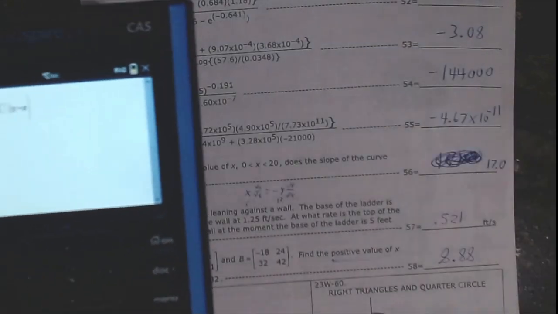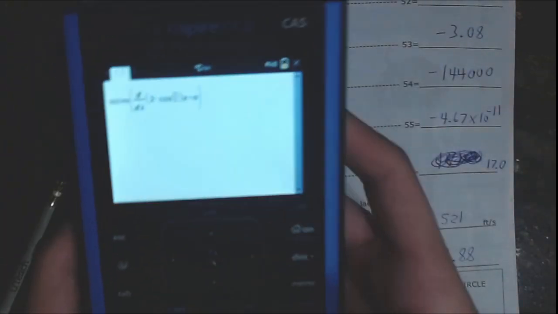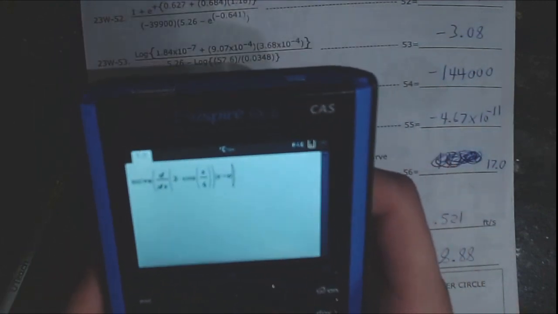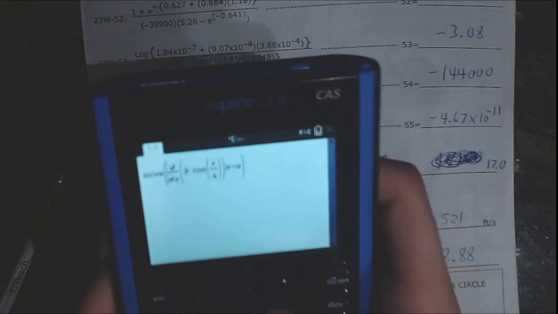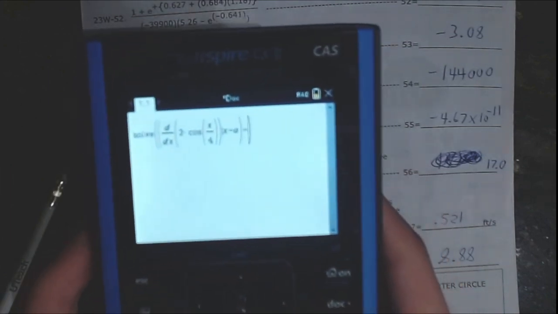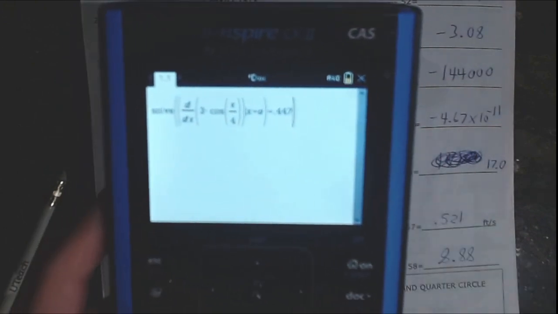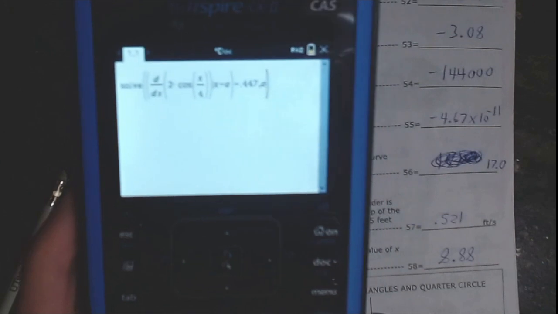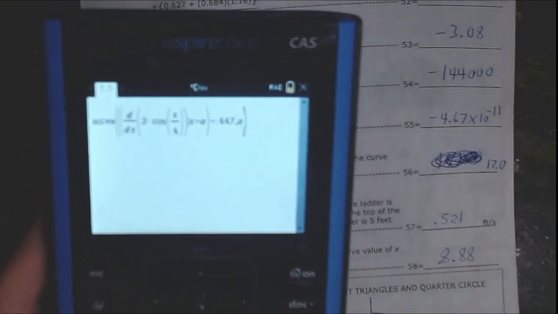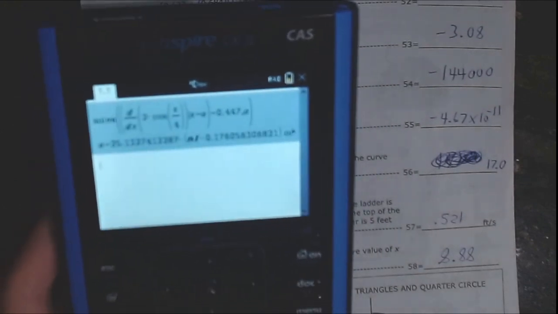So our equation, let's type it in here: 2 times cosine of x over 4, go to a, I'll put parentheses around this whole function, that's equal to 0.447. And I'm solving for what value of a, for x, equals that slope.